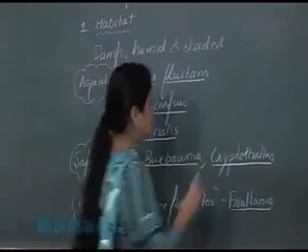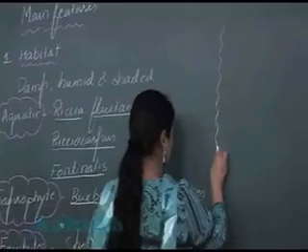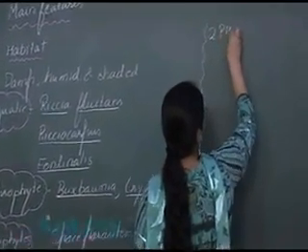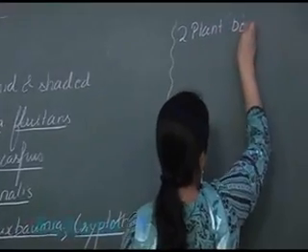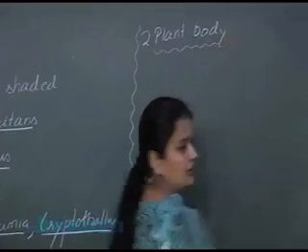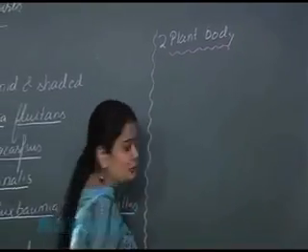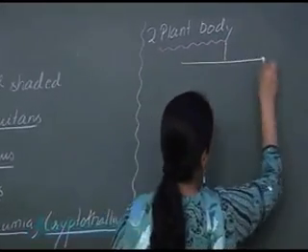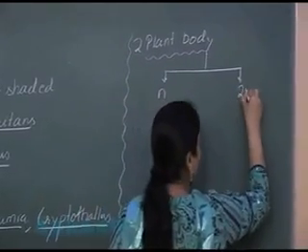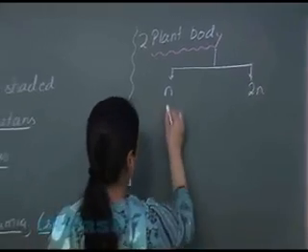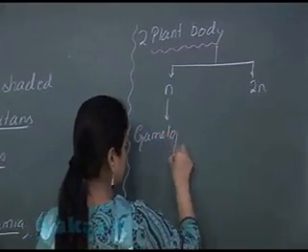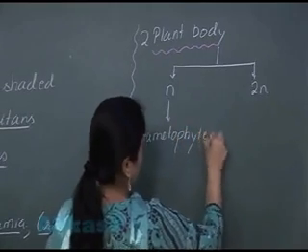Right? Now, after the habitat and the nutrition, coming to the plant body. You know that there are two types of plant body, that is haploid and diploid. The haploid plant body is the gametophyte, right?